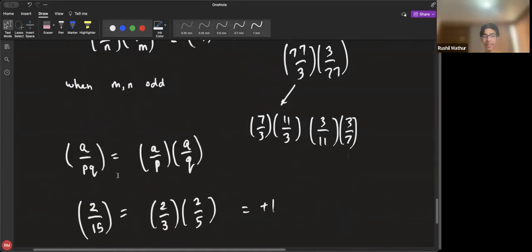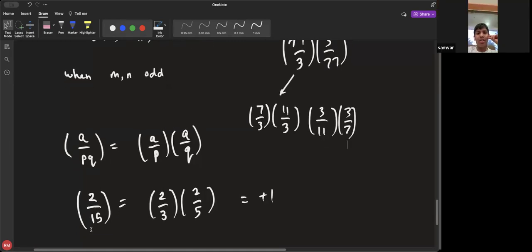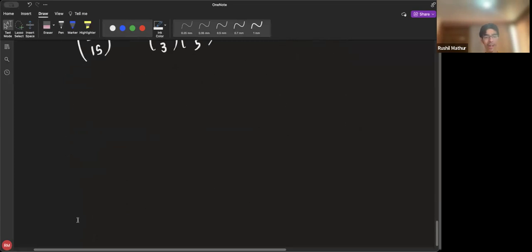Yes, but you have to be careful in the sense that when the denominator is composite, it may not anymore represent whether the number itself was a QR or not. It's just some definition, just for extension's sake. Exactly. Which is why it's avoidable as long as you can avoid it. Try not to make your denominator a composite.